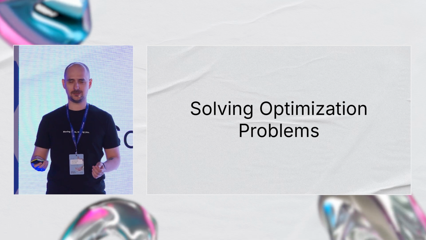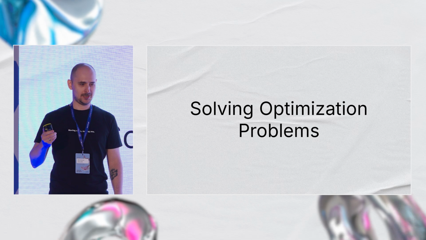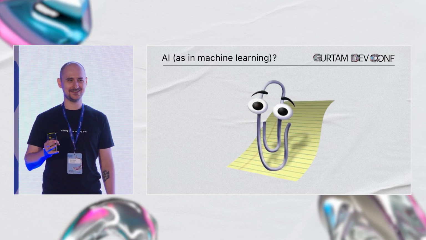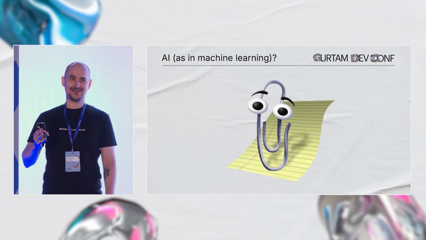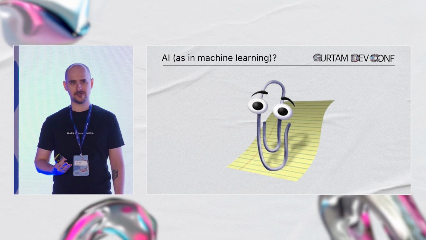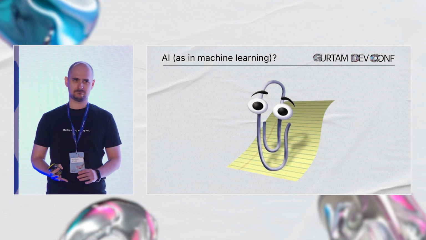And the first way that comes into mind, because it's a conference in 2024, what about AI? And the short answer is no. If we talk about AI as machine learning and neural networks, many people tried to do it.